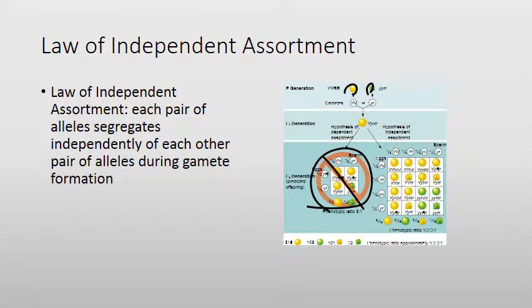Because when Mendel performed his experiment, he ended up getting variations. He didn't end up getting only a smooth yellow seed with a rough green seed. He ended up getting these different variations. And we'll eventually get into this type of Punnett square here, which is known as a dihybrid.